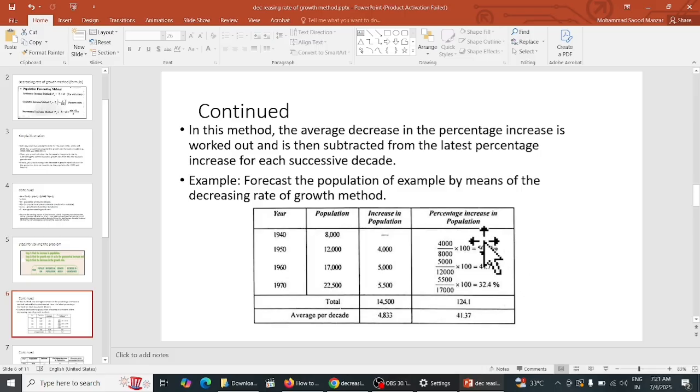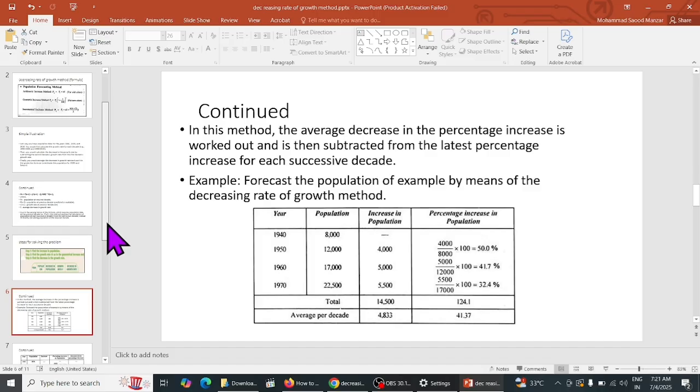So we will work out the percentage increase in the fourth column, taking all the values. You can take the average, the arithmetic mean, or the geometric mean, and here you will sum all the values and take the average.